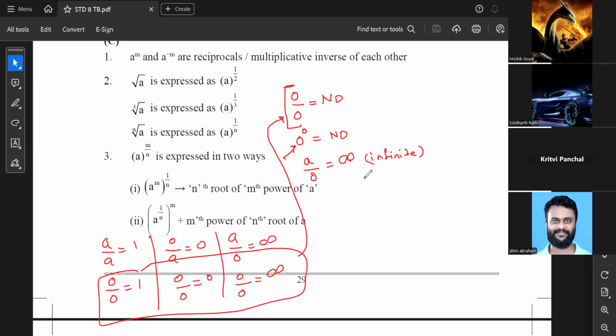Meaning, you will also learn about these maybe in 1 or 2 years. Maybe you'll learn about this also. What is infinite and all? So till 8th standard or maybe ninth standard, it is not defined. But in a couple of years, teachers will teach you, my dear child, this is not defined, it is defined as infinite.